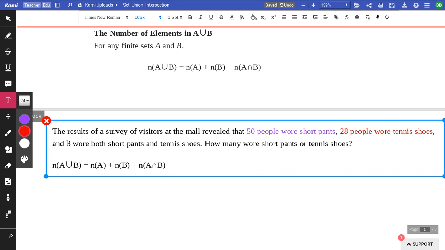And then it says that 8 wore both. So both represents and. How many wore short pants or tennis shoes?